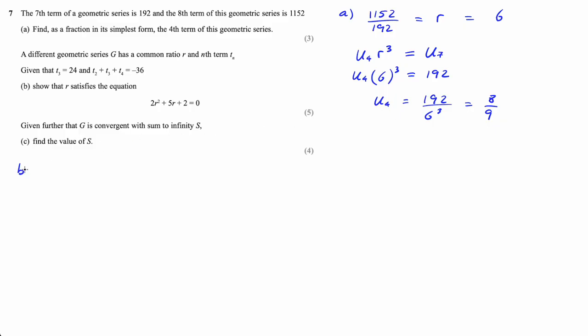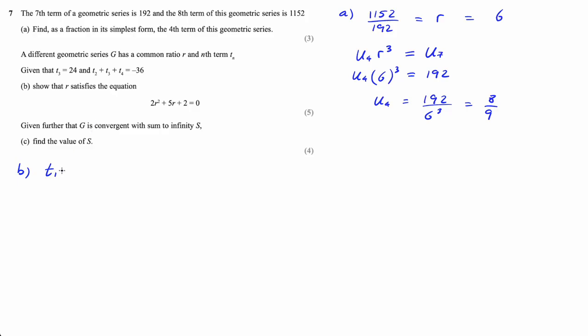Part B. A different geometric series G has a common ratio r and an nth term Tn. Given that T3 is equal to this, T2 plus T3 plus T4 is equal to this, show that r satisfies this equation. Okay, so let's figure this out. T3 is equal to this. Okay, so T1 is the first term.